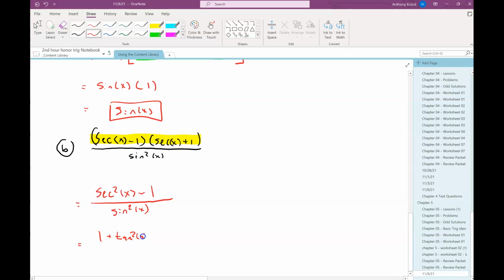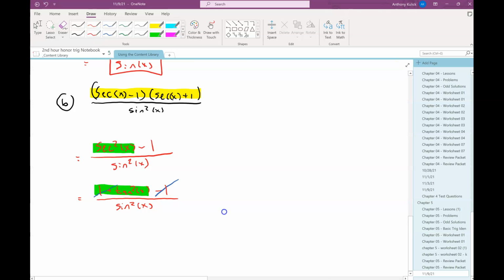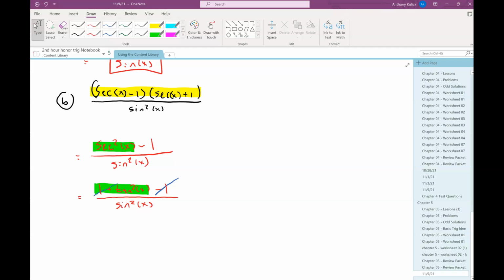It's fine what you're doing, but I'm going to write it that way because I think it'll be a little bit easier to follow. So what John says is that secant squared is equal to 1 plus tangent squared. It's going to get us to the same spot, John. And I like that because now the plus 1 and the minus 1 can just add to give us 0, right? Everybody okay there?